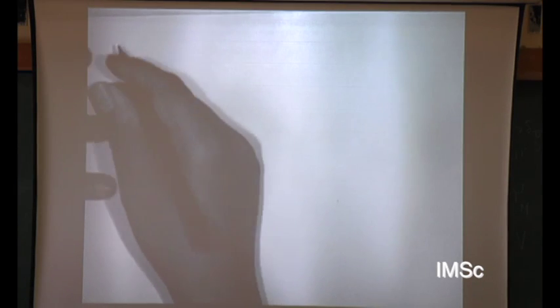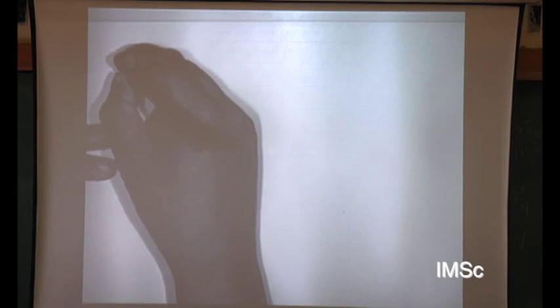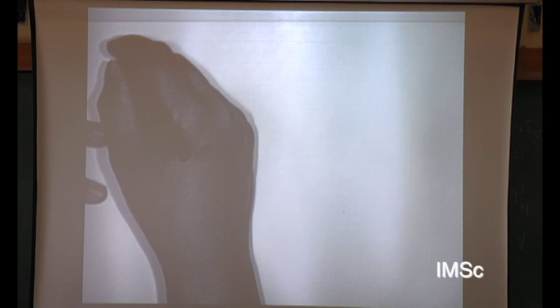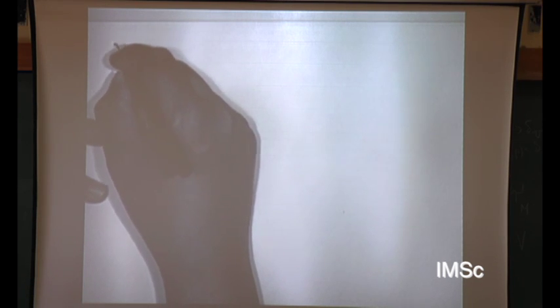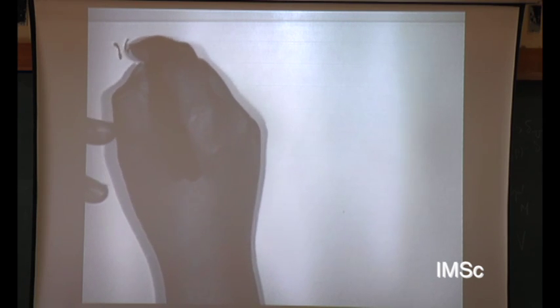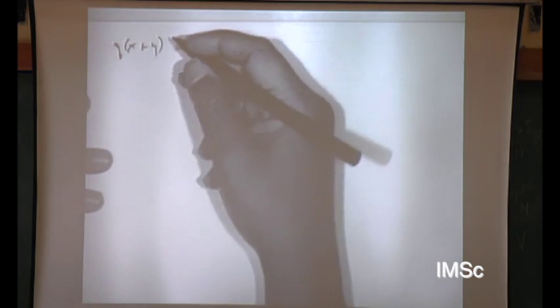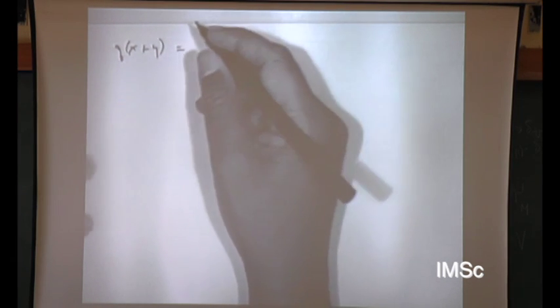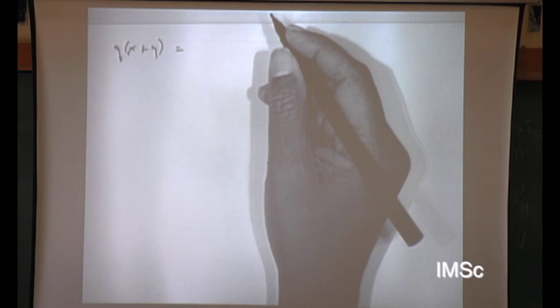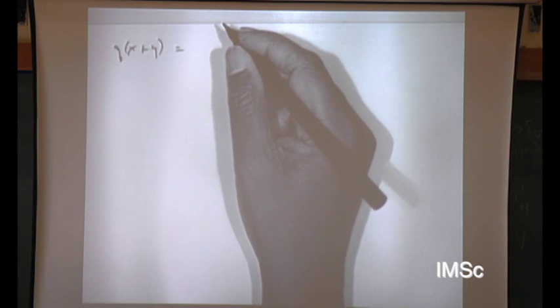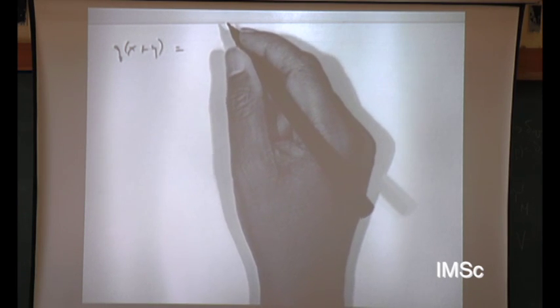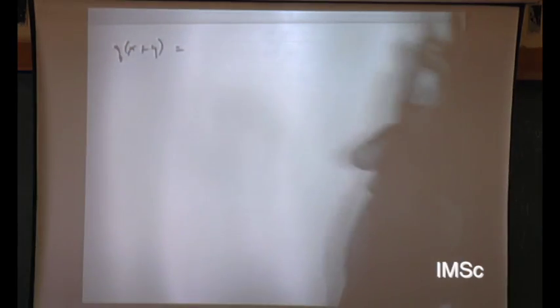Okay, so notice that if you look at q of x plus y, so you can just expand the thing out, right? You can write (x plus y, x plus y), and then expand the whole thing out.